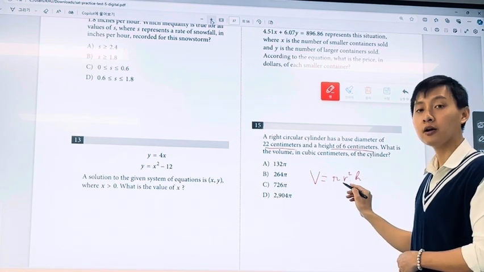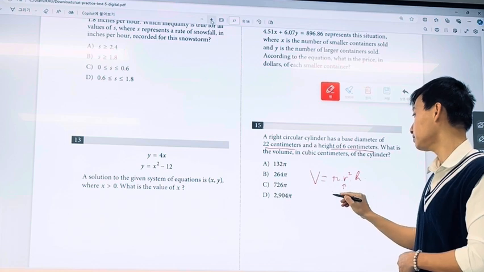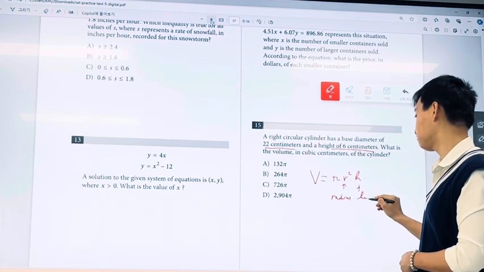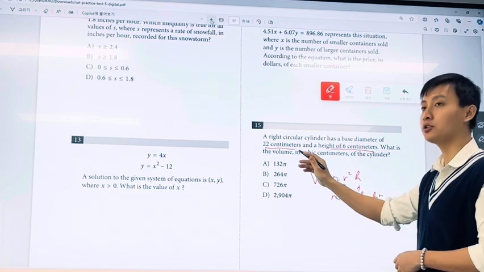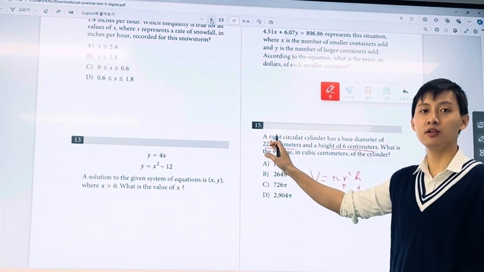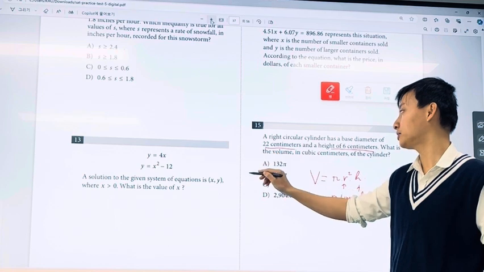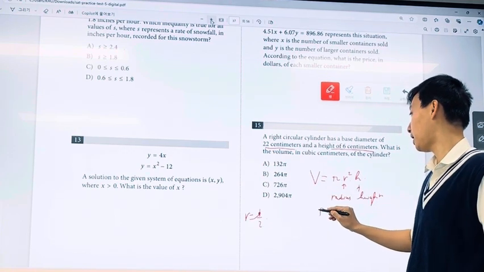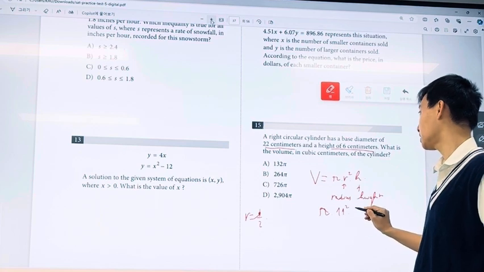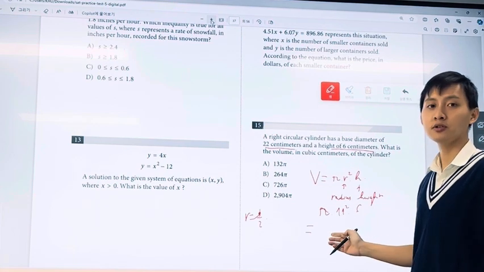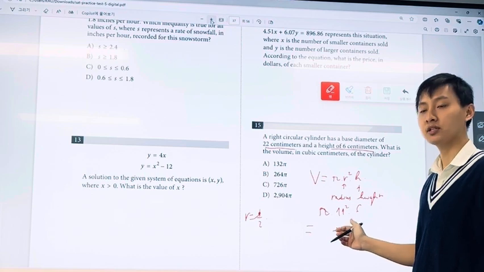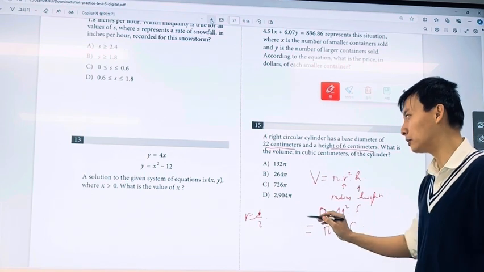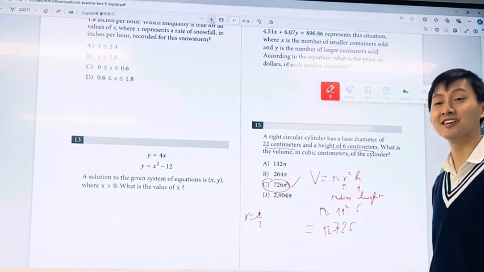Where r is the radius and h is the height. But the question only gives us the diameter. We take half to find the radius. It's going to be pi times 11 squared times 6. So after calculating, it turns out to be pi times 726. Very good, answer C, right?